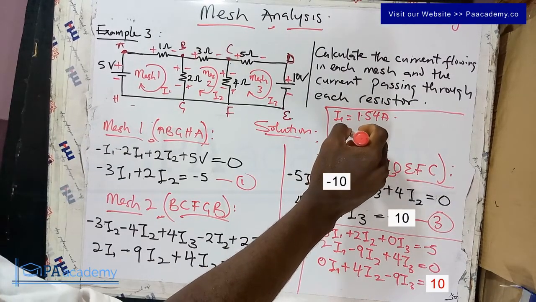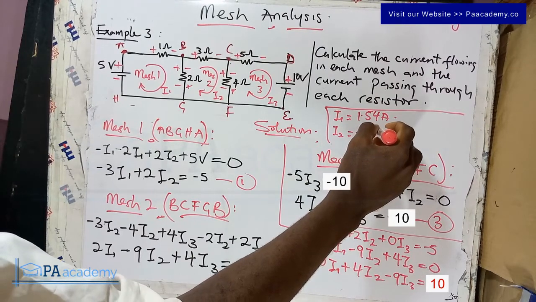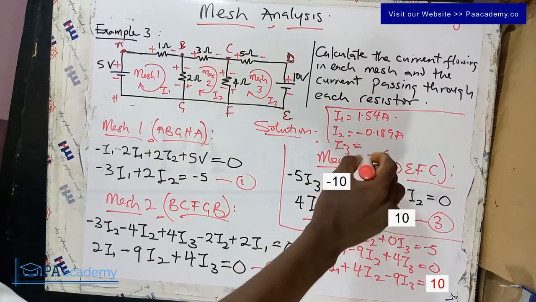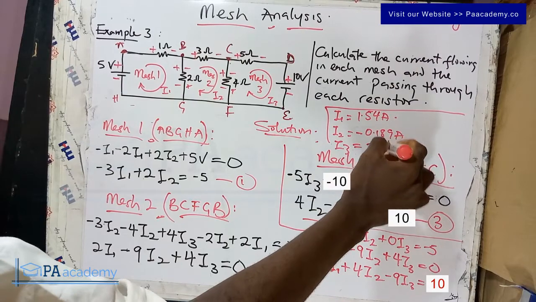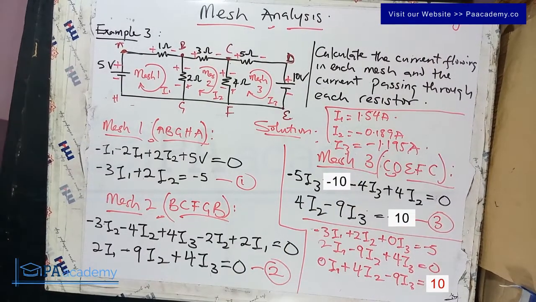Your i2 will give you minus 0.189 amperes, and then your i3 will give you minus 1.195 amperes. So with this now, we've been able to get our i1, i2, and i3.